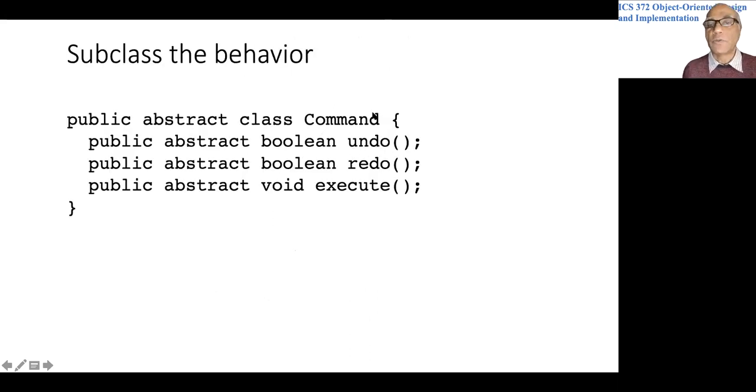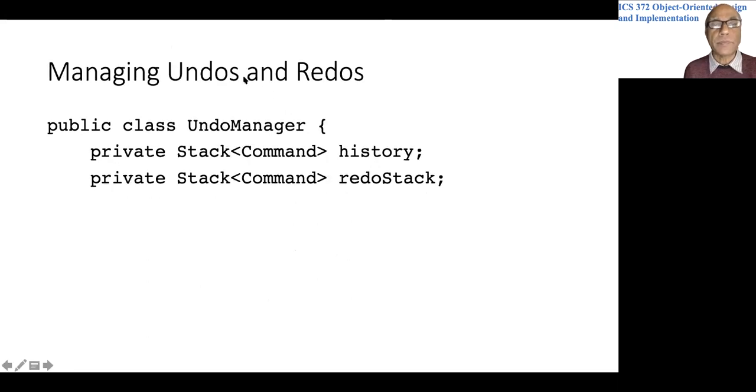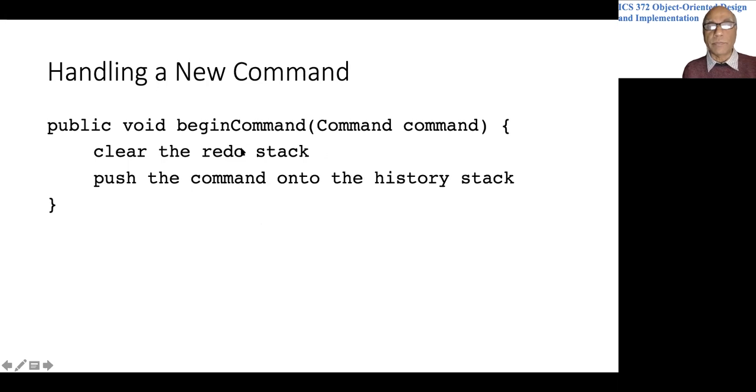So the command class would look somewhat like this. We have actually added one more method called end, which is not abstract. We will see it in the actual implementation. The undo manager has the history stack and redo stack, and the stacks hold objects of type command, both stacks. When we begin a command, what we do is, for simplicity, clear the redo stack.